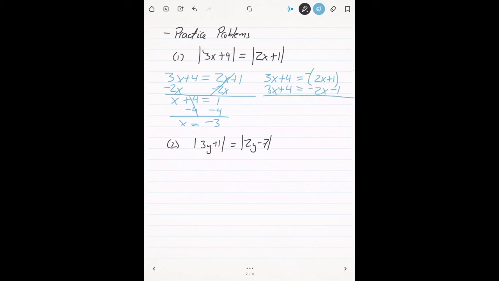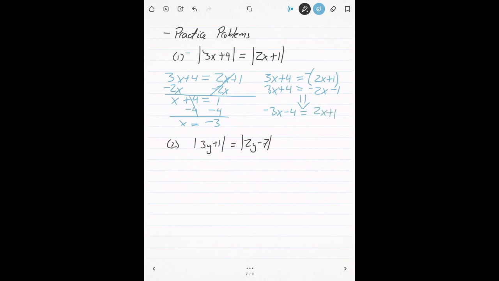What this is allowing me to do now is saying, what if one's the opposite of the other? In this situation, I decided to make 2x plus 1 negative, or the opposite. You could have done the same thing to the left-hand side. This equation right here is equivalent to negative 3x minus 4 is equal to 2x plus 1.